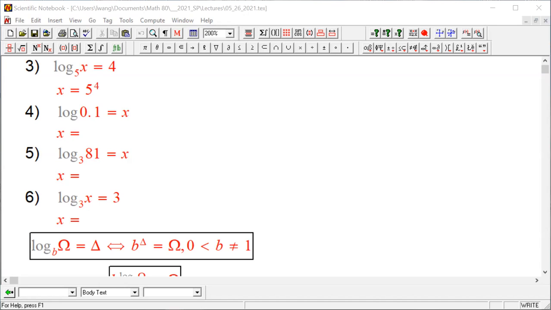You can see any one of the 3 positions could have a variable there. What is x for number 4?